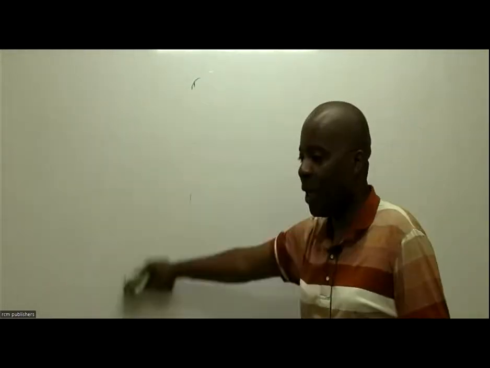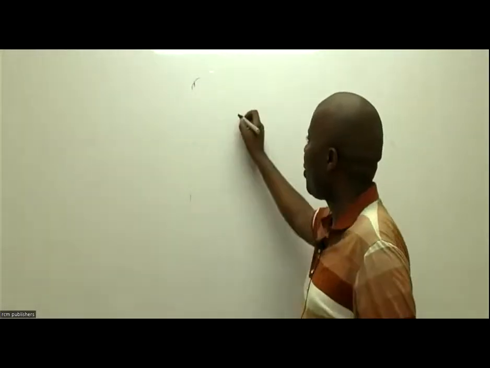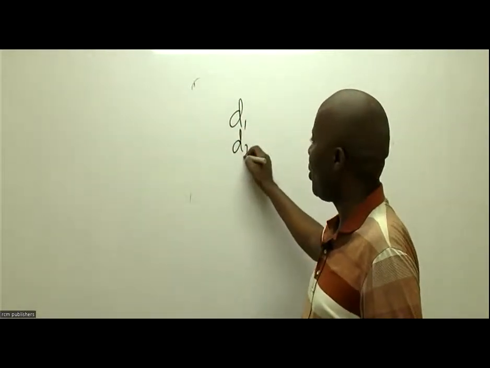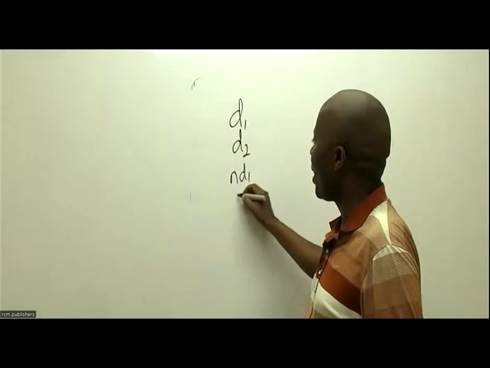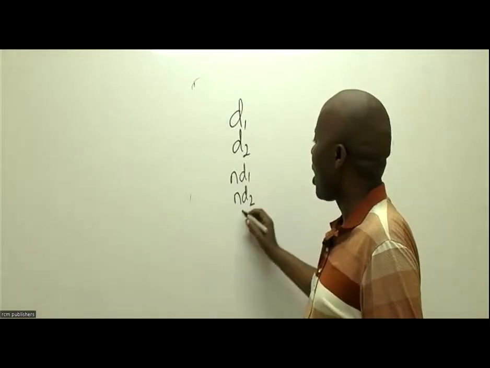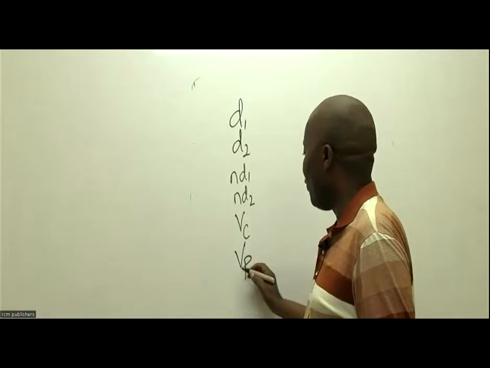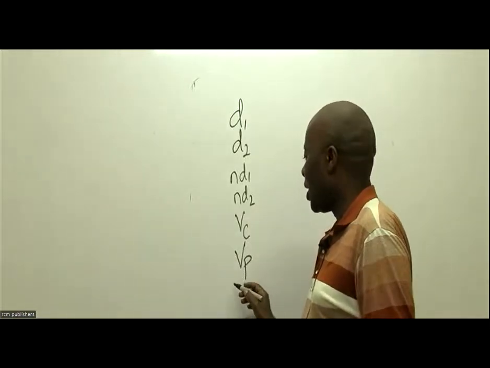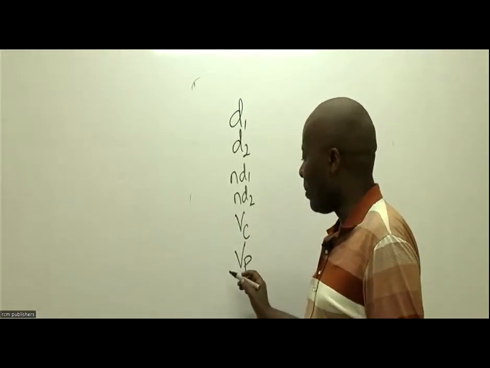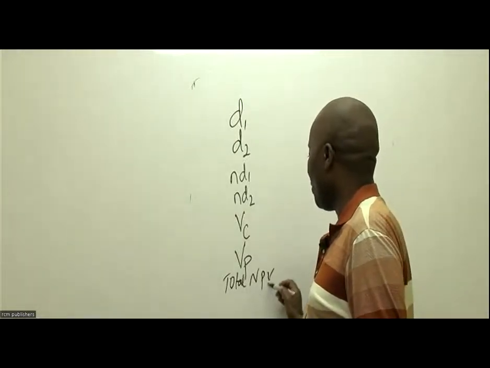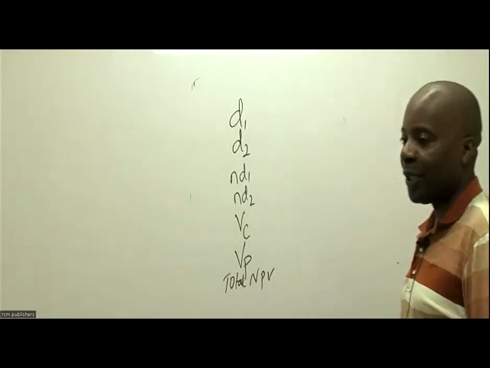Then straight away, I know what I need to do. The first step will be for me to get D1 because it's the Black-Scholes model. Then give us D2, N(D1), N(D2), the value of a call, and then lastly the value of a put, second last. And then because it's a real option, give us the total net present value.